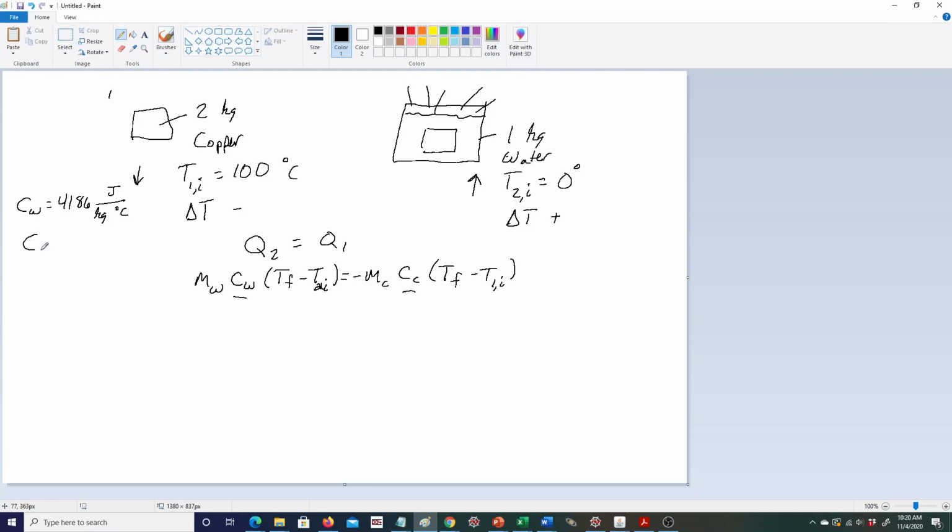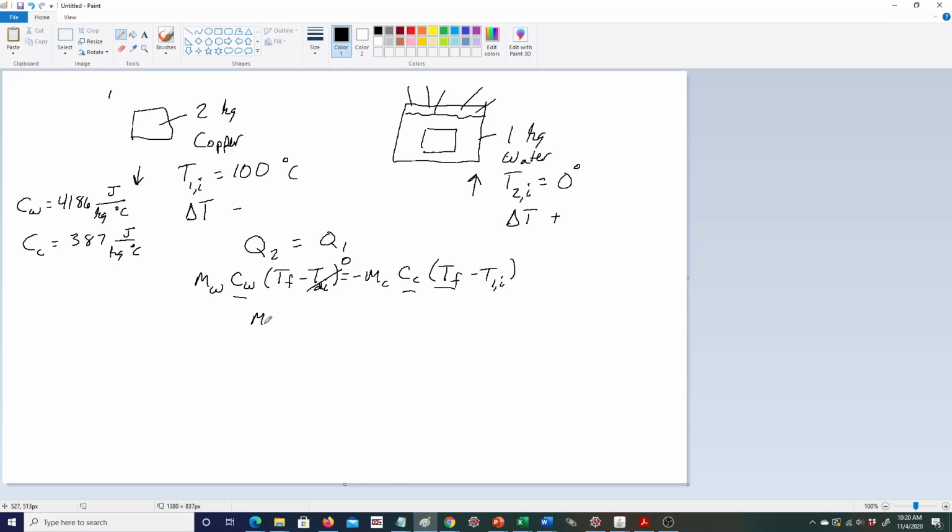And the specific heat of the copper turns out to be 387 joules per kilogram per degree Celsius. Okay. Now, another thing to note is that T2I is 0, so I can get rid of that. And I'm just left to solve for TF. Okay.